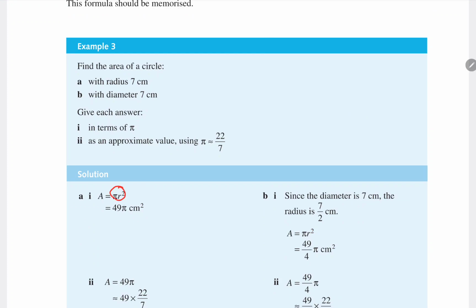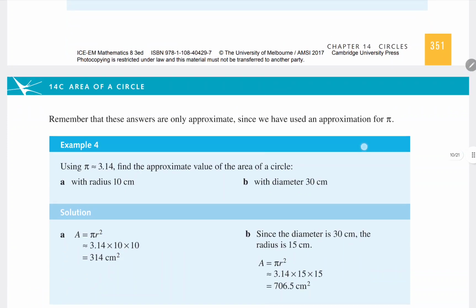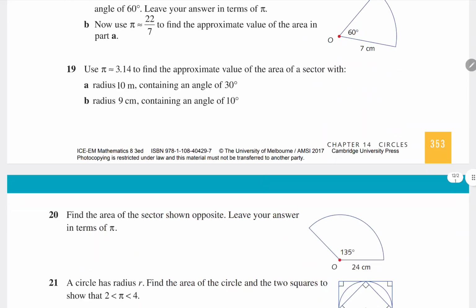It's really not hard. Just put the radius in. If you have the diameter, you have to find the radius, which is 7 over 2. After that, it's the same idea again. If pi equals that, find the approximate value. Easy. We'll skip those ones for now.